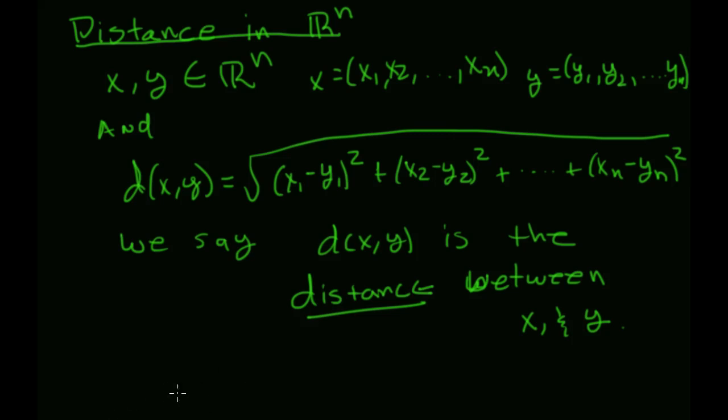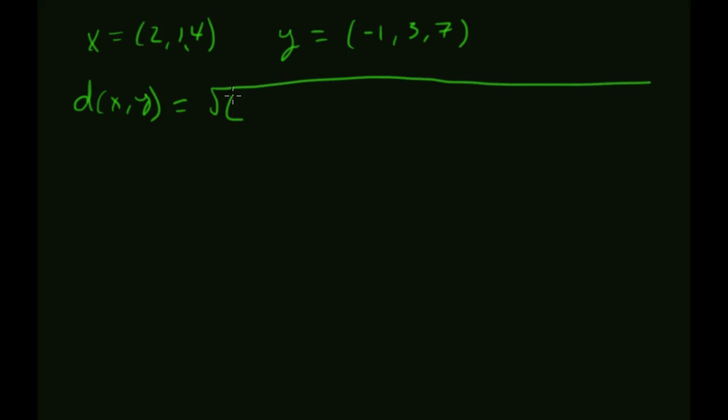So let's get an example of using that. Okay, so let's say I have x is at (2, 1, 4), so that's in R3. y is at (-1, 3, 7). It's also in R3, so I want the distance from x to y. This is going to be the square root of (2 minus -1) squared plus (1 minus 3) squared plus (4 minus 7) squared.